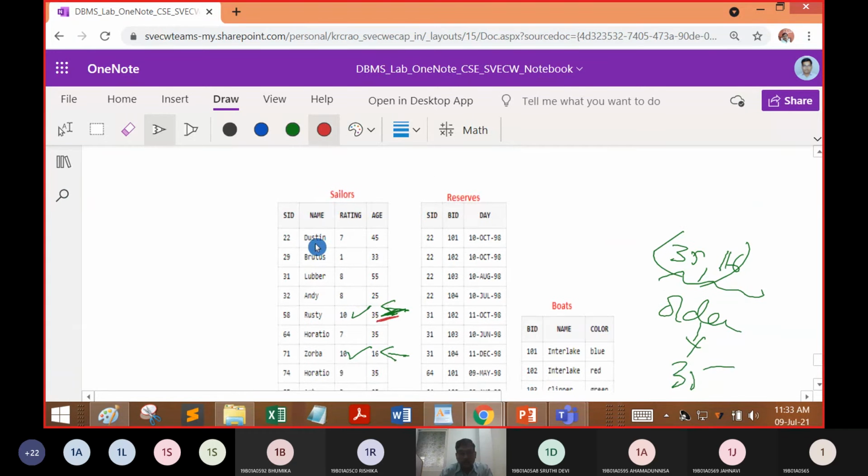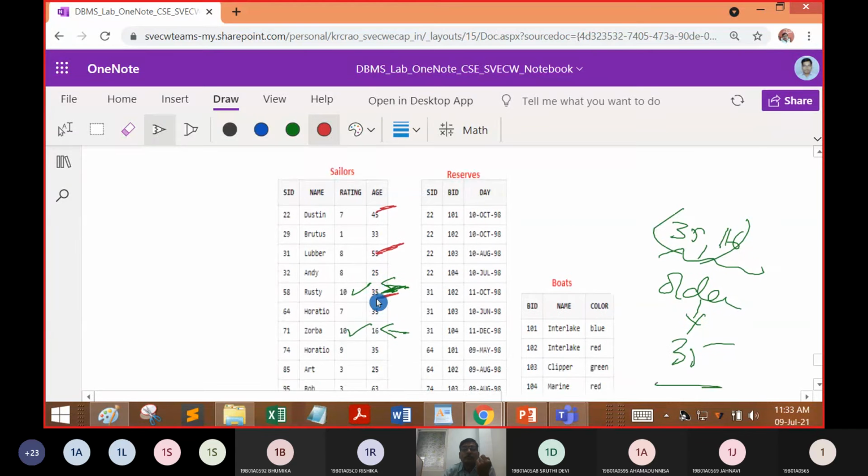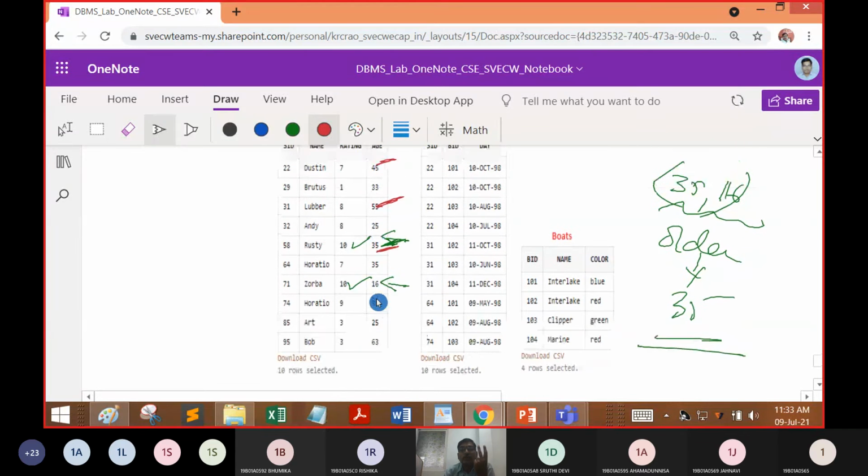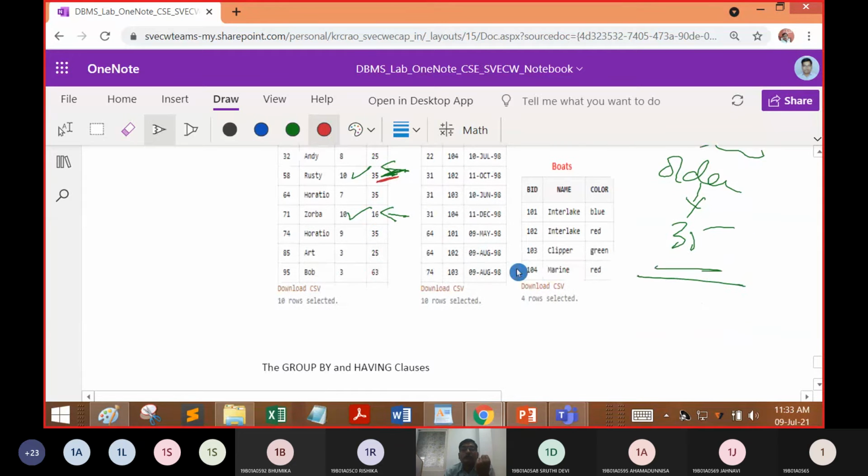I can expect Dustin, the reason was his age is 45, greater than 35. Next one, I can't expect 32. 55 I can expect because it is greater than 35, 2 records.